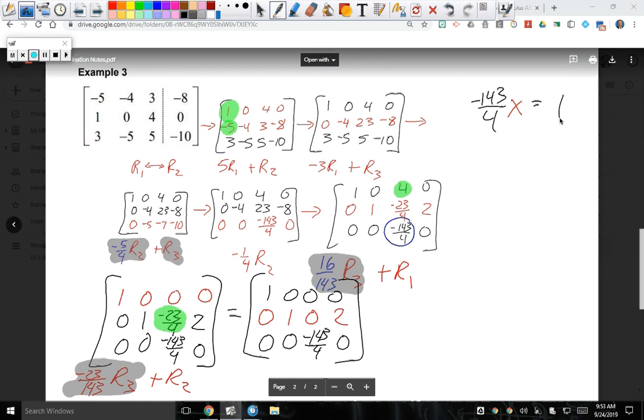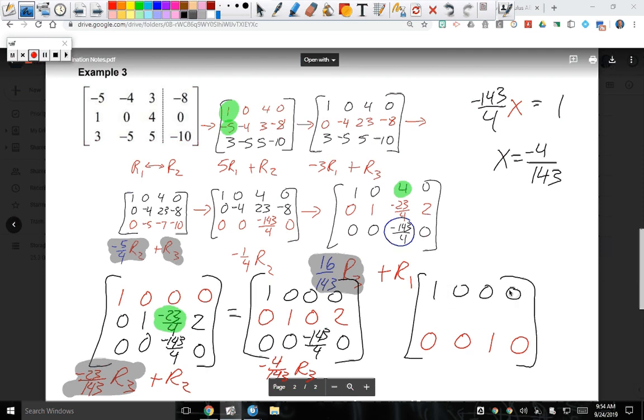What is that something? Negative 4 over 143. So the very last part, you're going to say negative 4 over 143 times row 3 would give me a new row 3 of 0, 0, 1, 0. So 1, 0, 0, 0, 0, 1, 0, and 2.